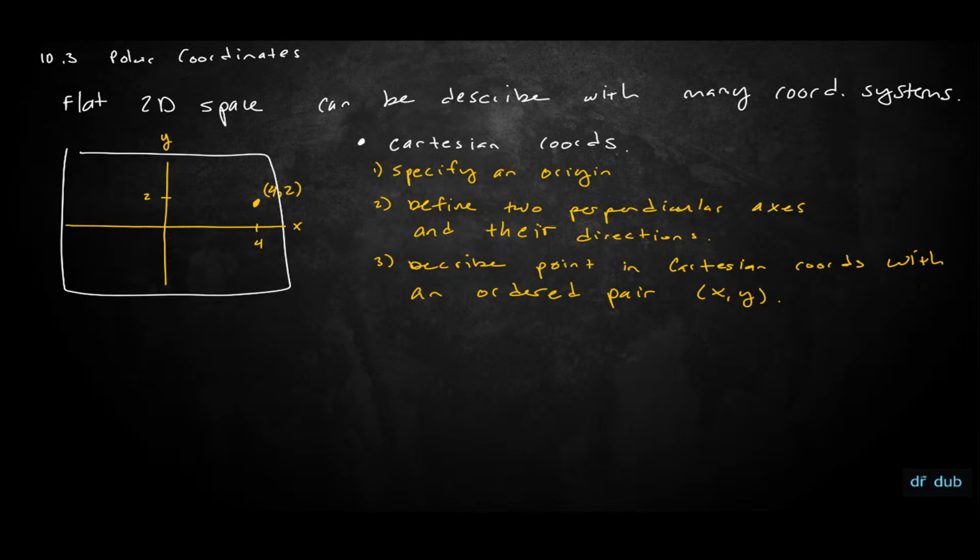The intersections of all these lines make rectangles, so sometimes this is called rectangular coordinates. It's another name for 2D Cartesian or 3D Cartesian.